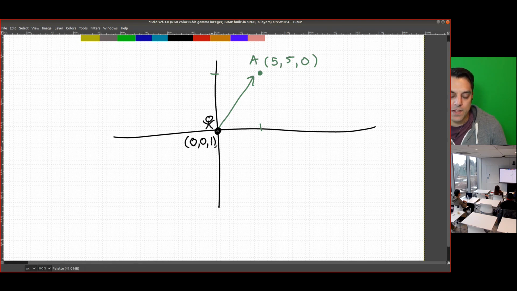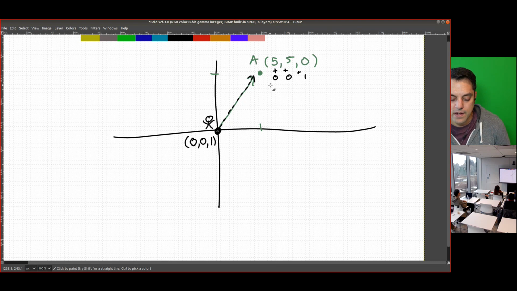So if I take this person right here and I walk them in this direction, which is what a vector is, something with a magnitude and a direction, then I'm effectively doing, well, where did I start from and where was the direction that I'm heading? So 5 plus 0, 5 plus 0, and then 0 plus 1 here.